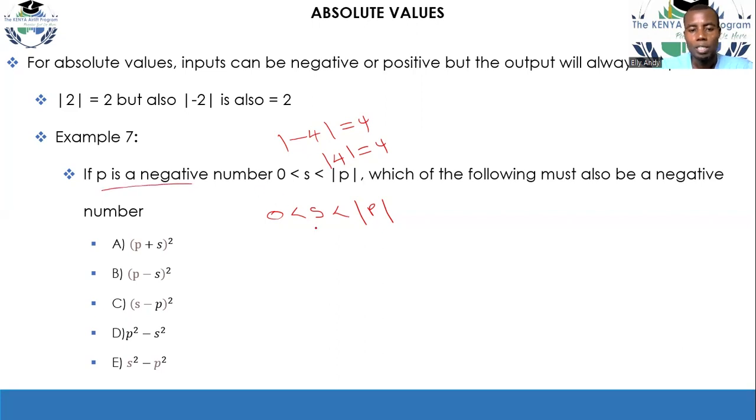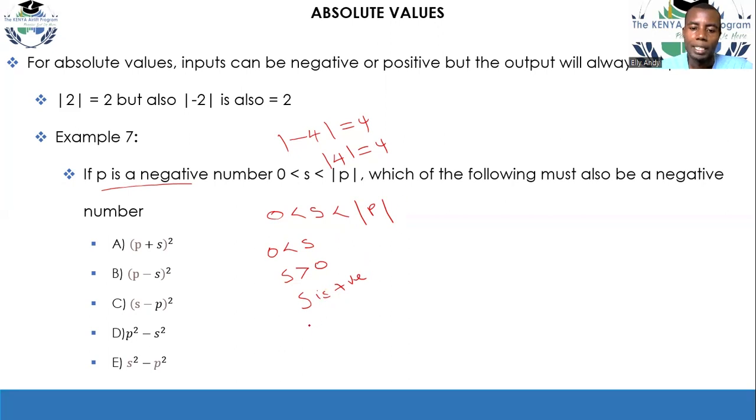Now, what information can we get from just looking at this inequality? We can see here that 0 is less than S, or in other words, S is greater than 0, which tells us that S is positive, right? Because any number that is greater than 0 is positive.